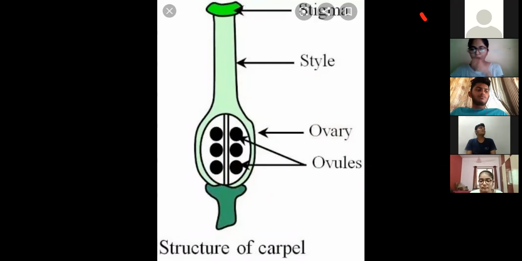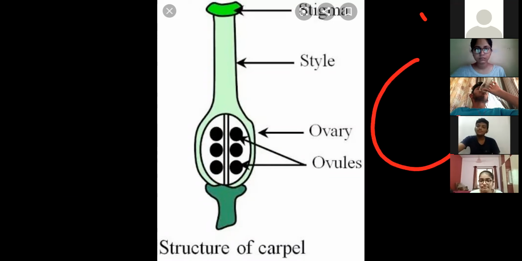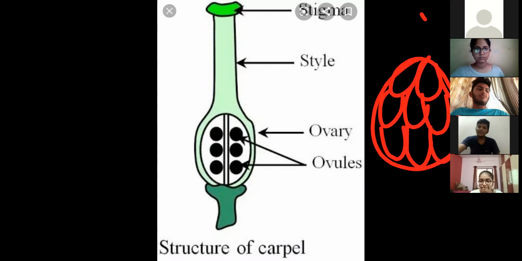Have you ever eaten custard apple? Custard apple, right? In custard apple, the individual fruitlets are there actually. We pick them one by one easily. Yes or no? In this fruit, a cluster of fruits is there.